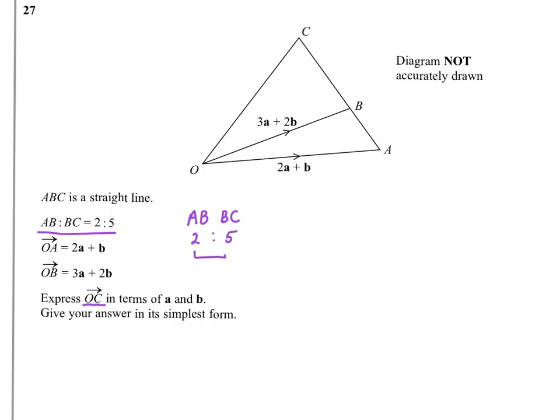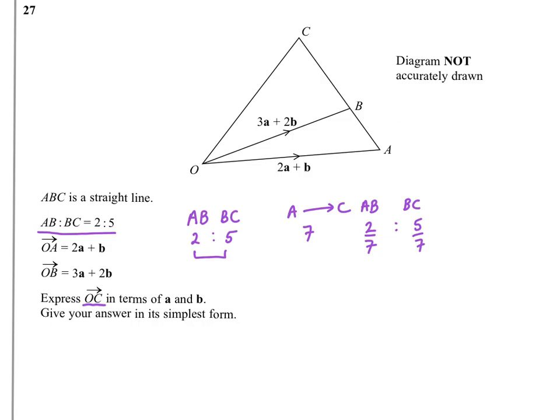So how many parts have we got altogether? Well, 7 parts, so that must take us from A all the way to C. And AB has 2 of them. So if you think about it, we've got 2/7 here and 5/7. So AB will have 2/7 and BC will have 5 of those 7s. So just try and think of it that way.